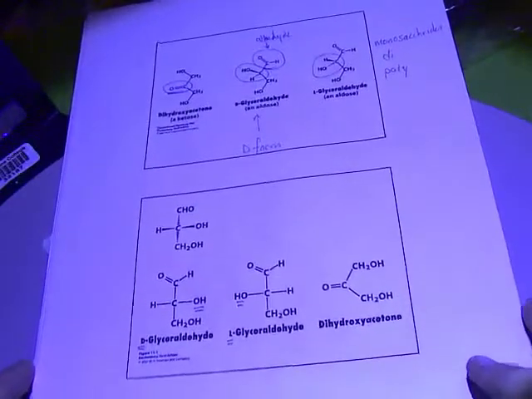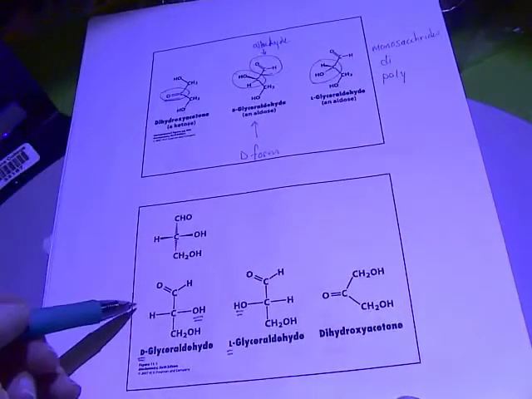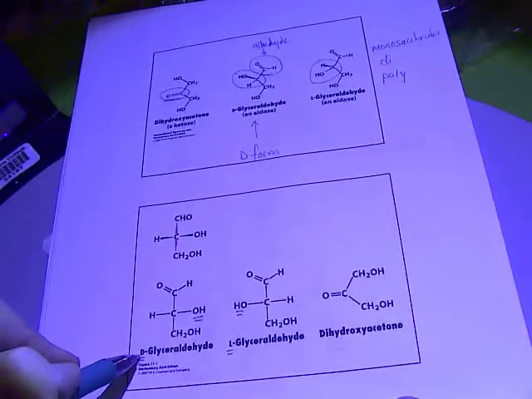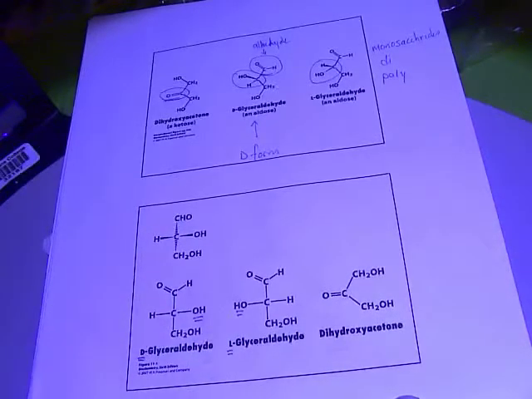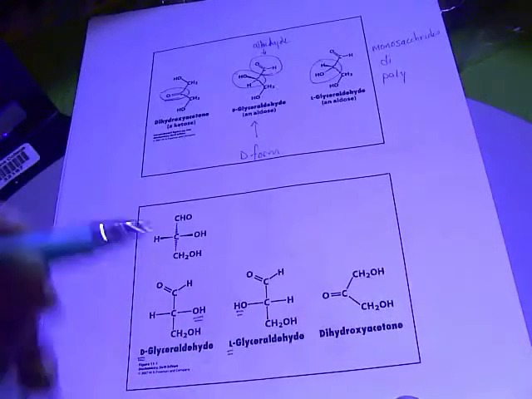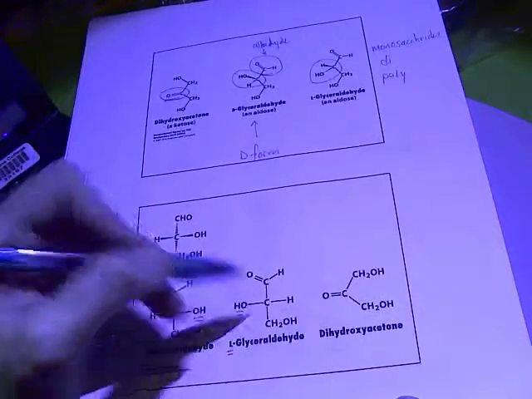And so let's look at glyceraldehyde more carefully down here, where you can see that in the Fischer projections, we can have a right-handed or a left-handed glyceraldehyde molecule because there is a stereocenter carbon here in the center, right?